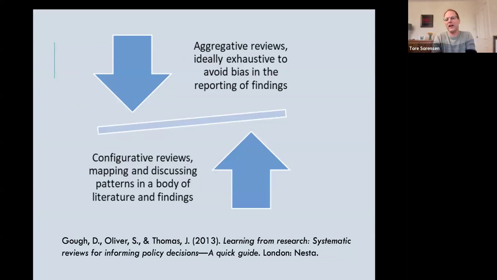And on the other side, so-called configurative reviews, that have a stronger theoretical interest, trying to map the literature. I think that's a very useful distinction. And there I would typically place scoping reviews as part of the configurative reviews. I'll come into much more detail about that.